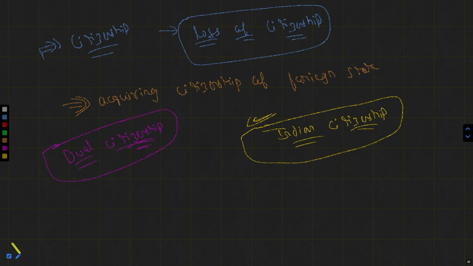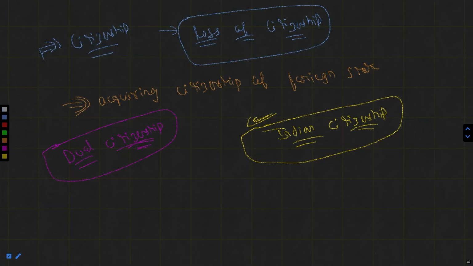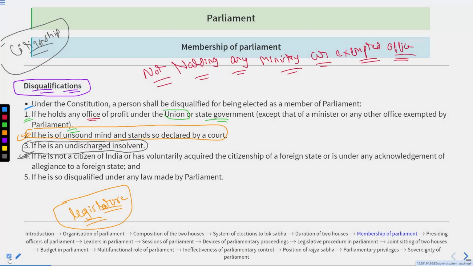All right. Thereafter, the second case is that if he has not acquired any foreign citizenship, but he is part of any alliance, or you can say part of any partnership with any foreign state, then the person will automatically be declared disqualified.